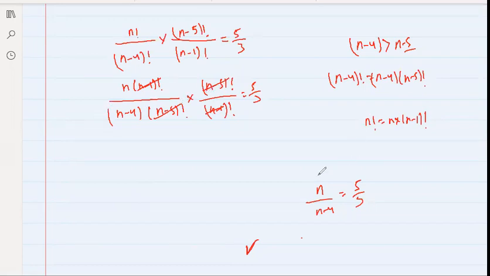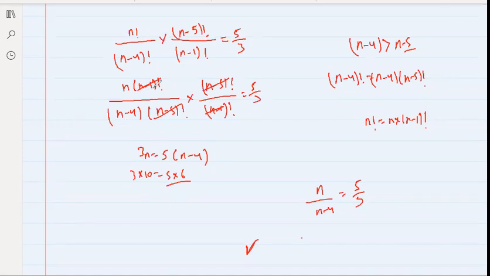So we are left with n by (n minus 4) is equal to 5 by 3. So 3n is equal to 5 into (n minus 4). Tell me what can be the answer? 3 into 10 is equal to 5 into 6.